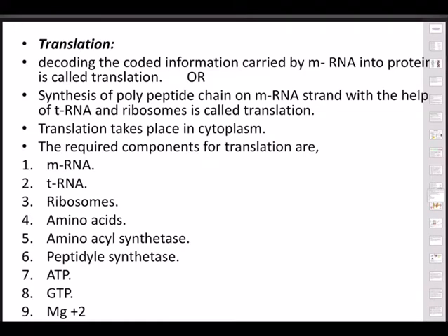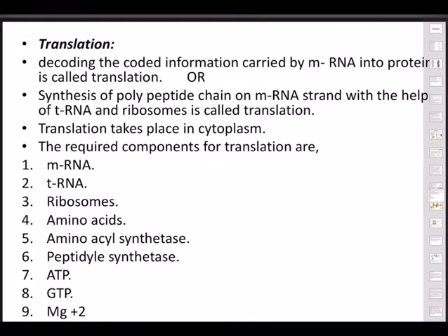Like everything that happens in our body is in the form of code language. The code language, as we discussed yesterday, will be in the form of a triplet code. And this is coming from DNA to mRNA. We call that step transcription. And from transcription, when it has to come to mRNA, various procedures were there, we discussed that.